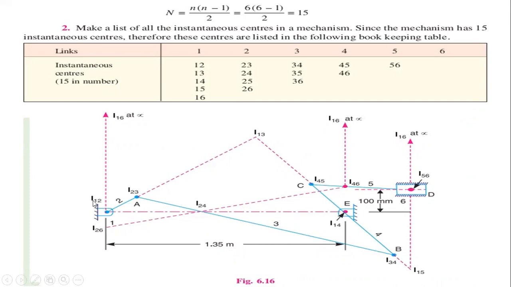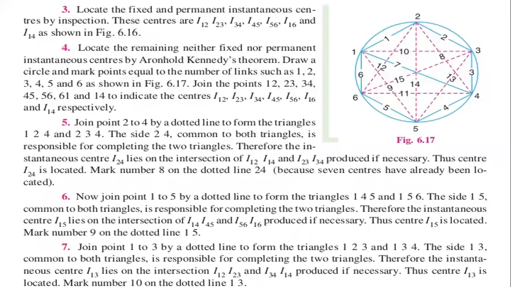Here the fixed centers are I12, I14, and I56. That is the slider and the two fixed links, A and E, O and E. These are the two fixed links.